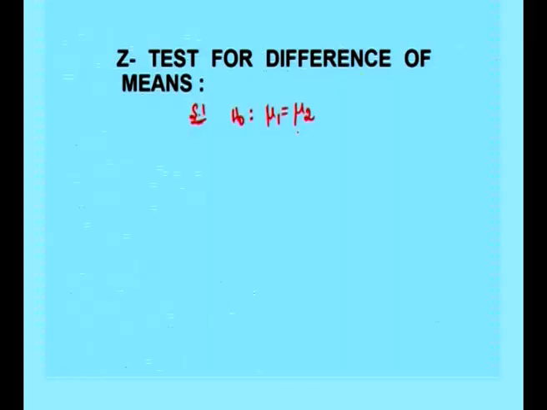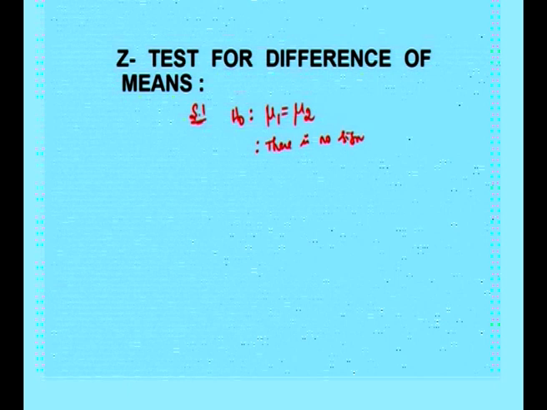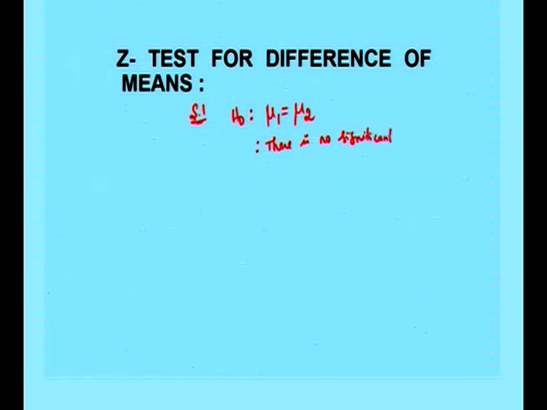So, step 1, H0 such that mu1 is equal to mu2. In words it is written as there is no significant difference between two population means.